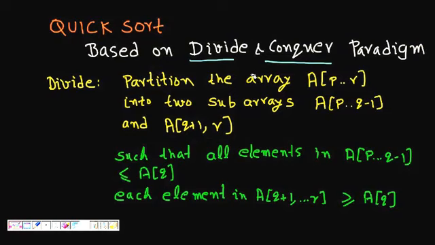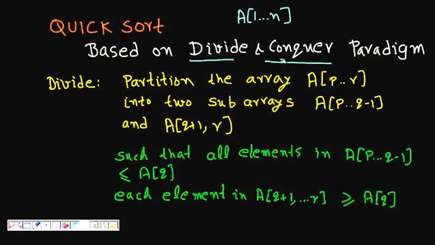Let's define it. We have an array A[1..n], with n elements indexed from 1 till n. In divide and conquer, we first divide the problem into smaller sub problems, then solve those sub problems, and finally combine the results of the smaller sub problems.